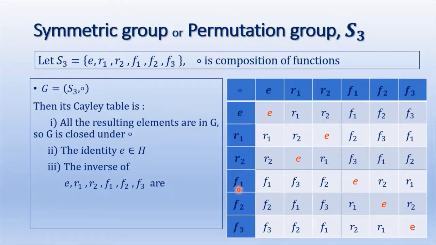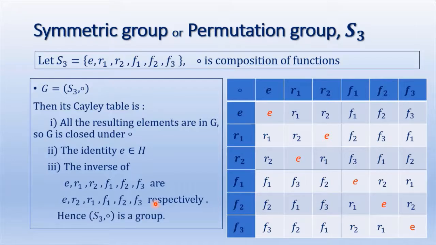So the inverses of E, R1, R2, F1, F2, F3 are E, R2, R1, F1, F2, F3 respectively. In this group all elements are self inverses except these two, R1 and R2, which are inverses of each other. Hence S3 with composition is a group.